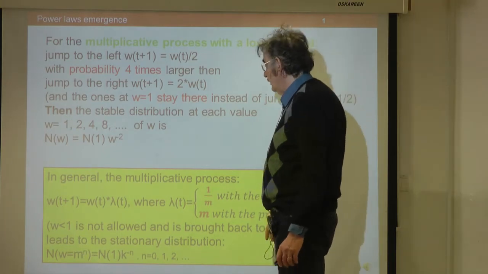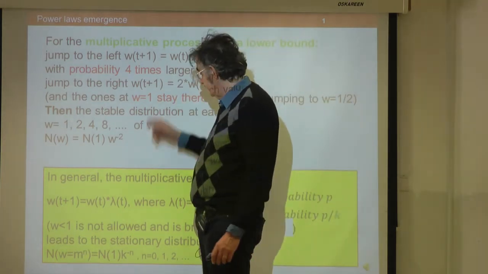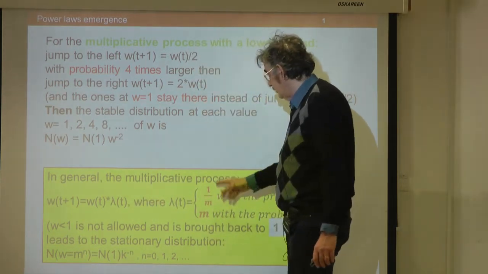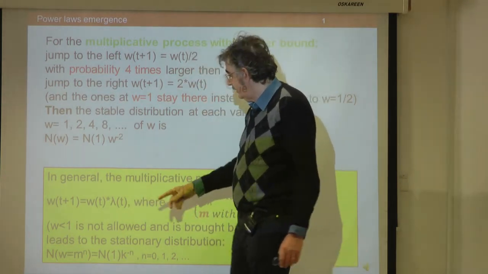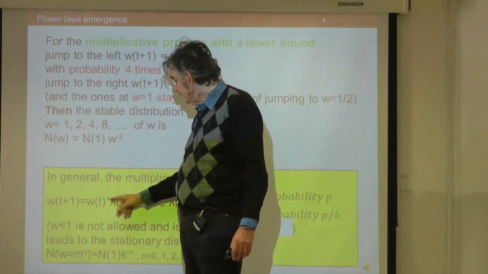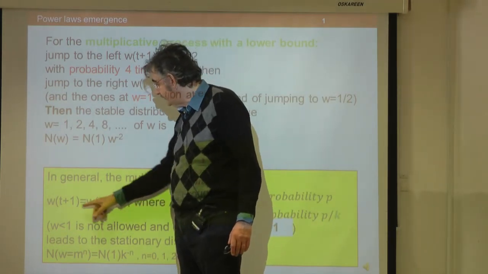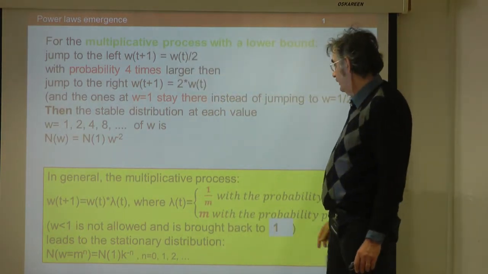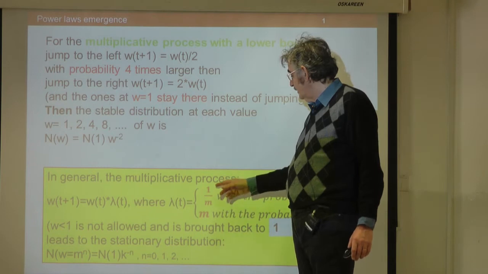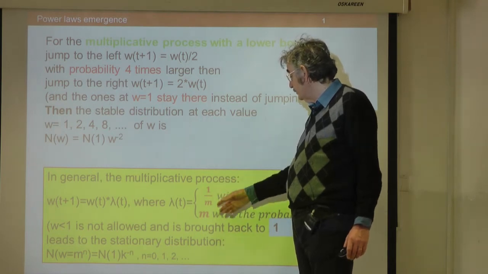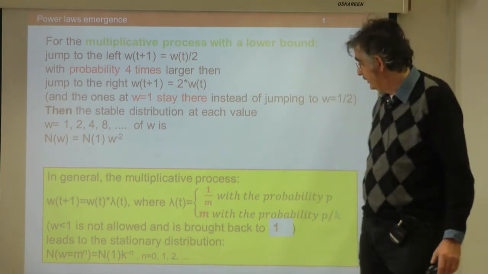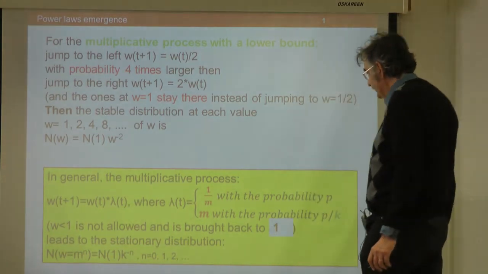In general, one has a random number here, lambda, multiplying w of t in order to get w of t plus 1. But lambda doesn't have to be 1 over 2 and 2. It could be 1 over m or m. And in fact, it can be in general, as we'll see, almost anything.